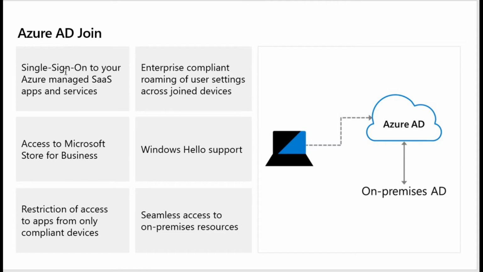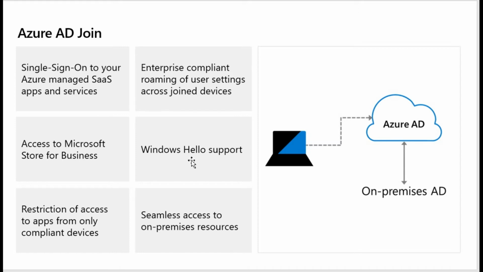So once you connect your on-premises services to the cloud, after that everything will synchronize, and once it's synchronized, it will support all these steps. Some of the things, for example, Windows Hello means a biometric sign-in option, like a fingerprint or face detection. Those things will work if you have synchronized.